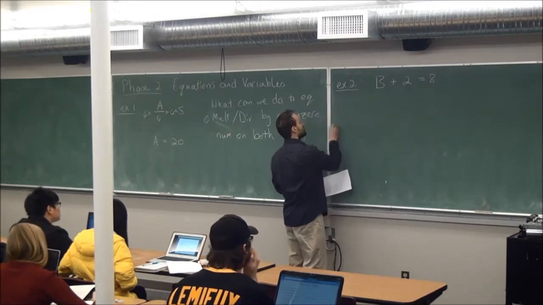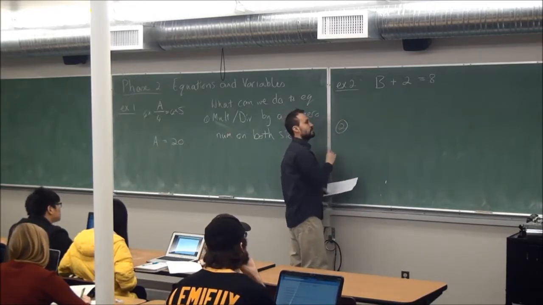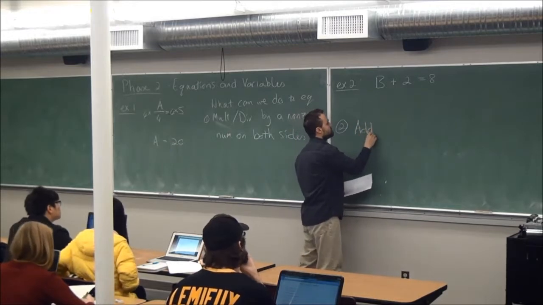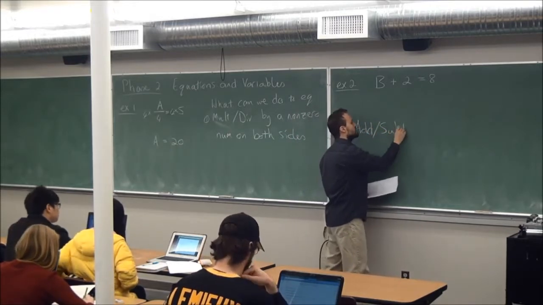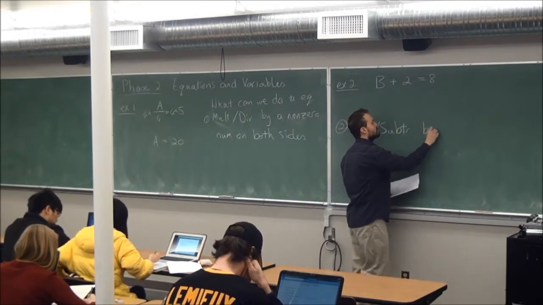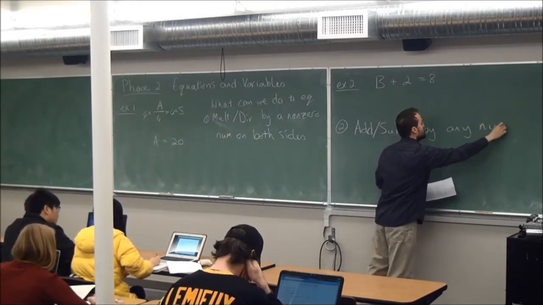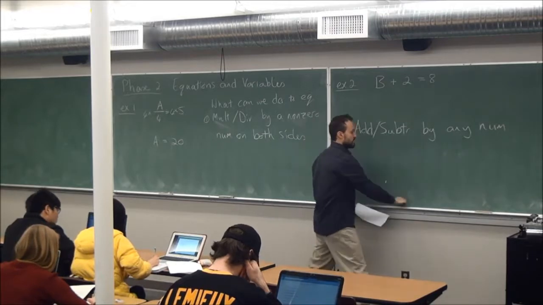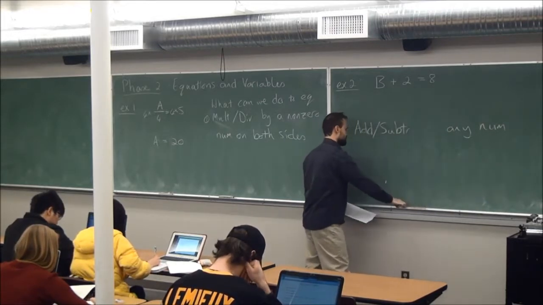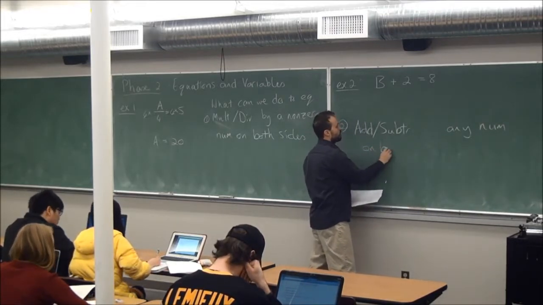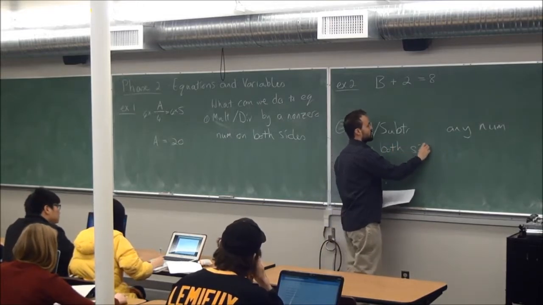What else can I do to my equation other than multiply and divide? I can add or subtract any number on both sides of the equation.